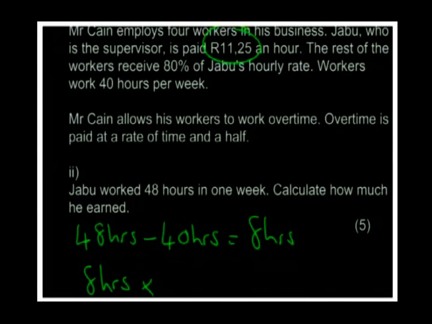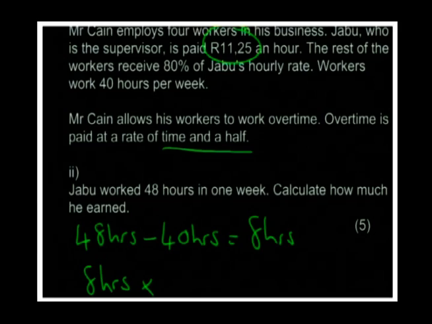And I haven't done that just for 11 rand 25. I want to get a special rate. And the boss says, again, wonderful boss, no problem, we'll give it to you. So the way it works out is this. He allows the workers to work overtime, and overtime is paid at a rate of time and a half. What does that mean?